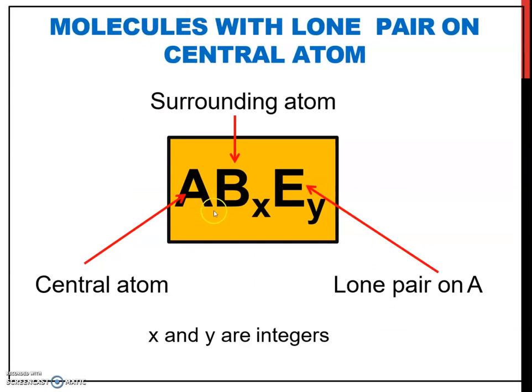Okay. So the general formula for molecules with lone pair on central atom is AB_xE_y, where A is the central atom, B is the surrounding atom with x an integer, and E is the lone pair on central atom with y an integer.